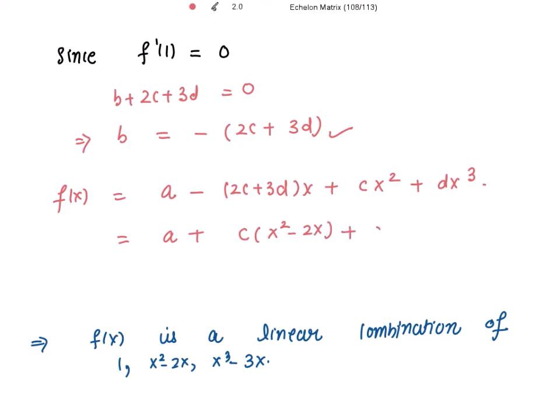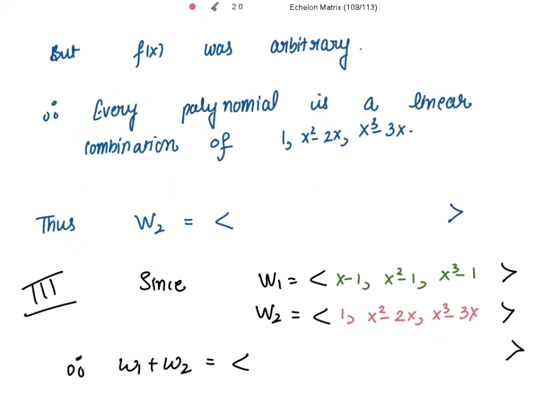Similarly, taking d common from the second and last term, we get d(x³ - 3x). Writing a as a·1, f(x) is a linear combination of 1, x² - 2x and x³ - 3x. But f(x) was arbitrary, so every polynomial of W2 is a linear combination of these three polynomials. Thus W2 is generated by these three polynomials.